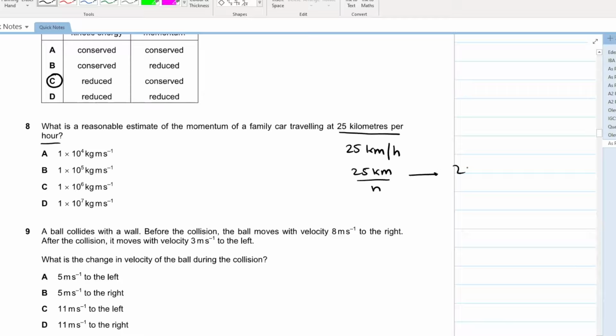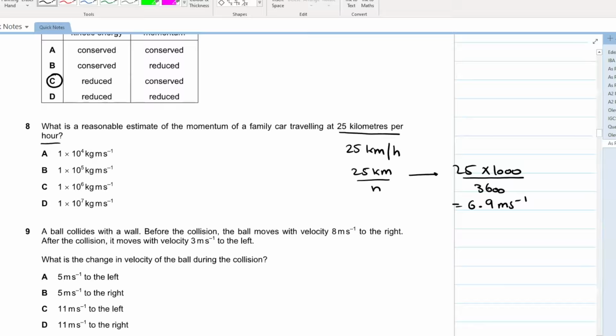What will you do? 25 multiplied by 1000 divided by 3600. This comes out to be 6.9. The velocity comes out to be 6.9 m s^-1.